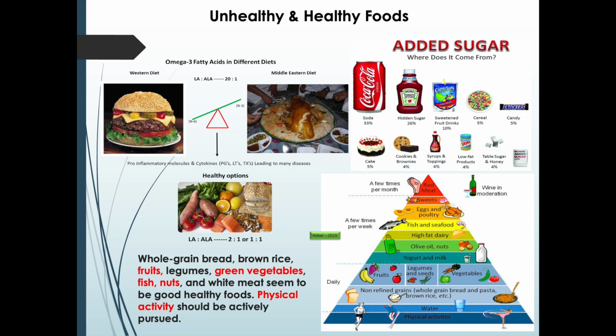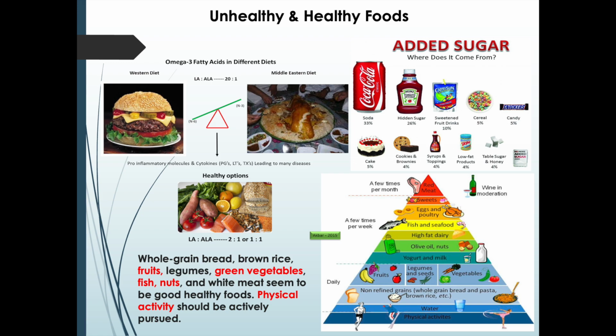That's where you should reduce the omega-6 fatty acids and increase the omega-3 fatty acids. The healthy food I am showing here has a 2:1 ratio. You can see salmon, fruits, vegetables, some bread, flax seeds, and walnut. Those are healthy ones you can take to keep omega-3 in a balanced state. And of course, physical activity is a must.